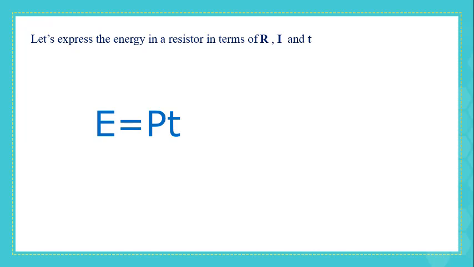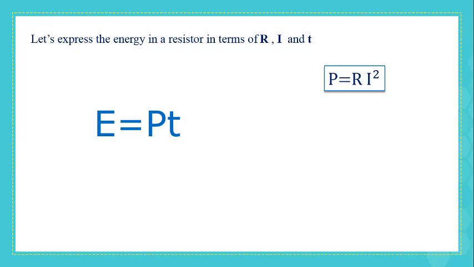Starting with a rule, energy is equal to power multiplied by time. Here, the time is already expressed in this rule. Still have to think about how to substitute the power using terms resistance and current. As we have learned previously in this session, power in a resistor is equal to RI squared.